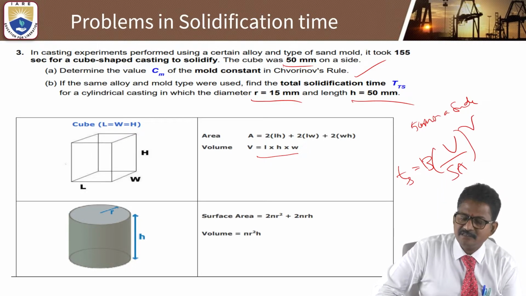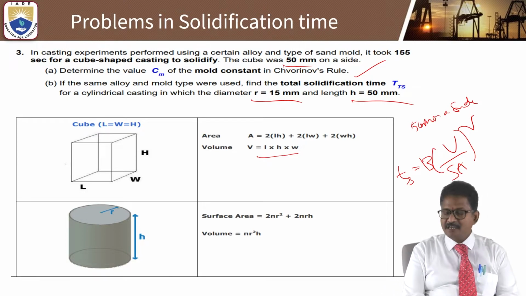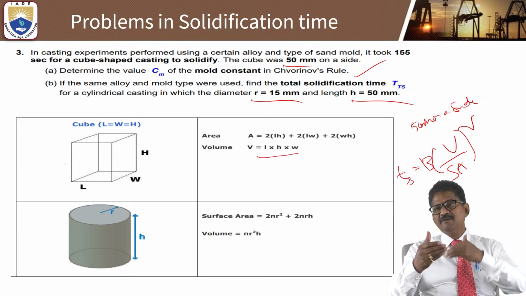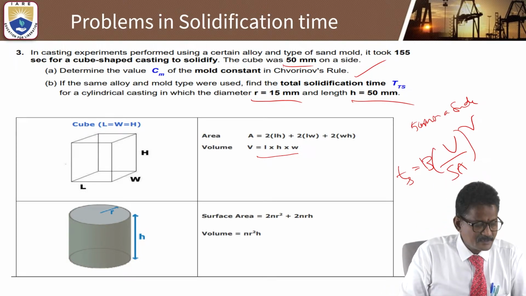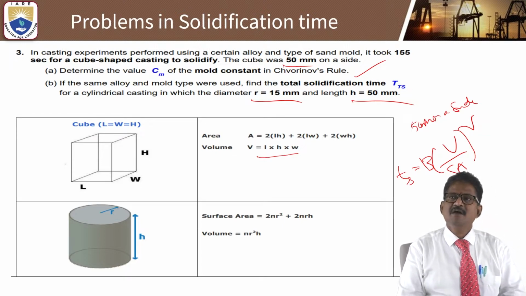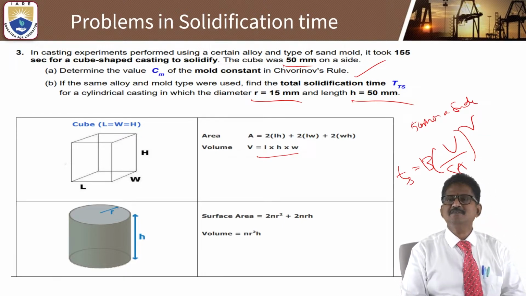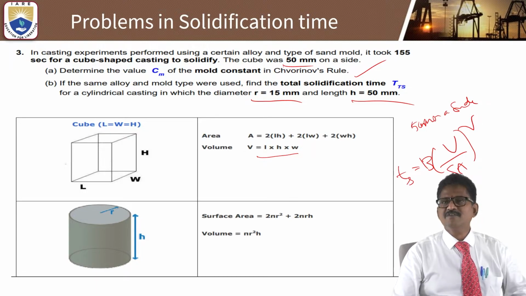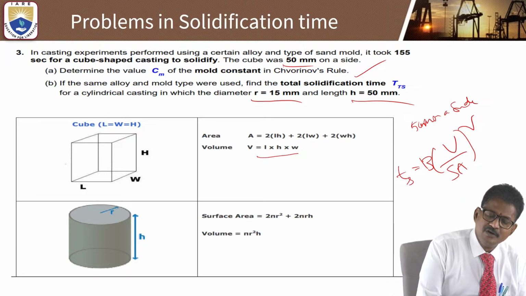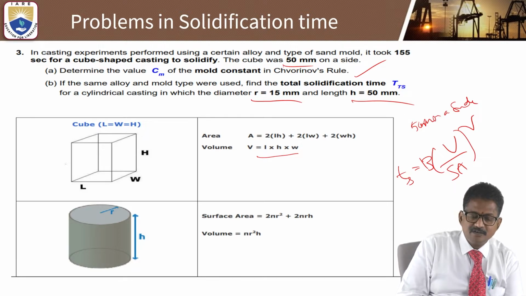This is the general Chvorinov equation where you can determine solidification time: Ts is equal to B into volume by surface area whole square.